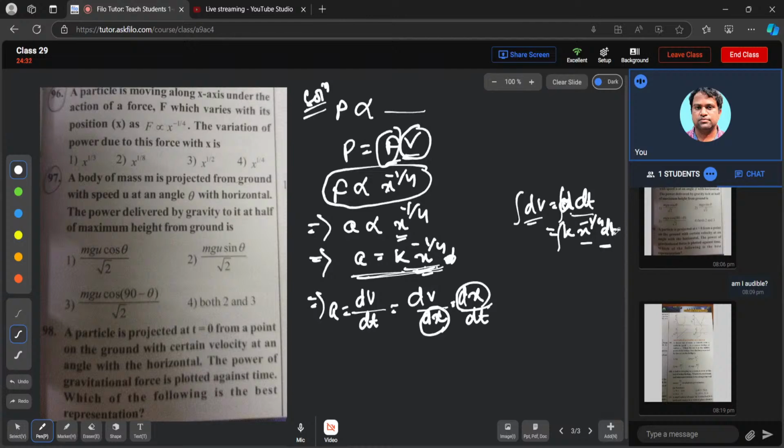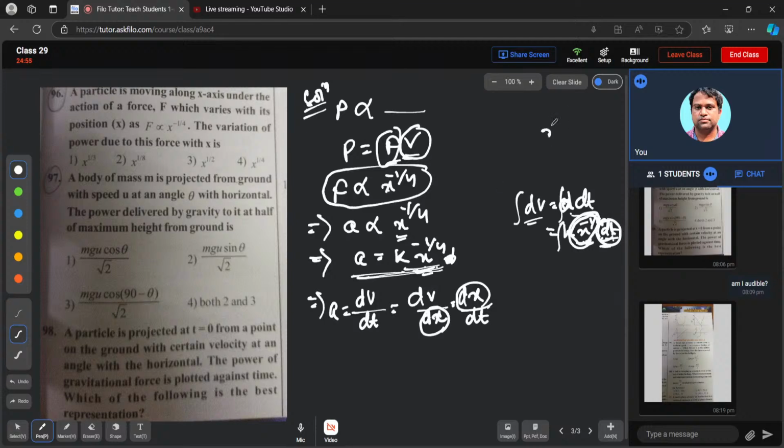The formula x to the power n plus 1 by n plus 1 will not be applicable. These are two different quantities, x is a position and t is a time, so we cannot integrate that way. Either I have to convert this x in form of time, or I have to convert this dt in form of dx.